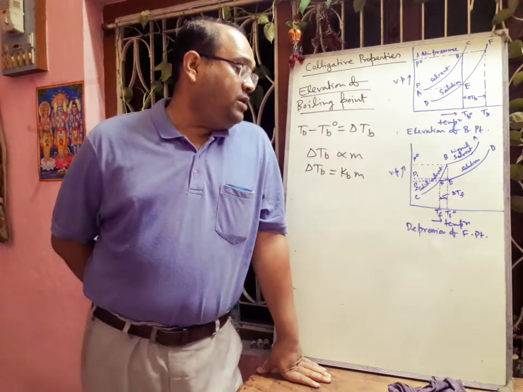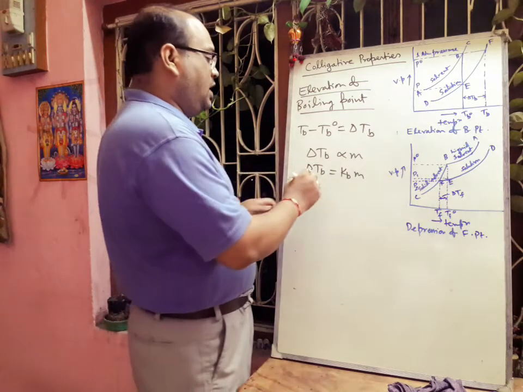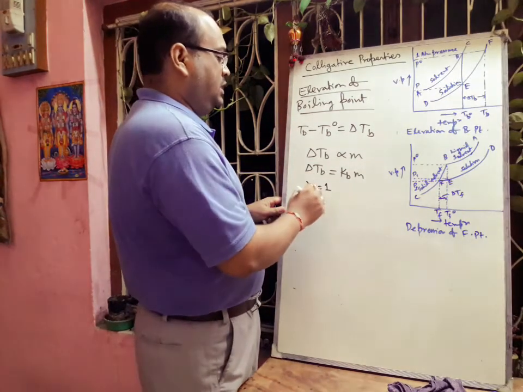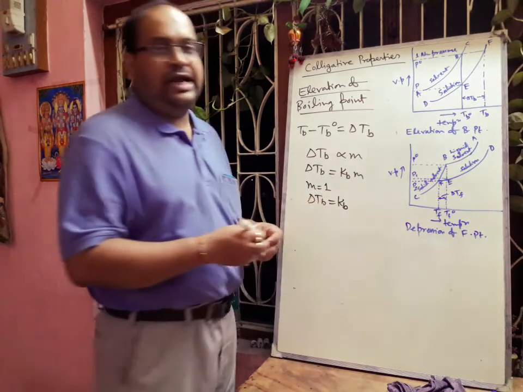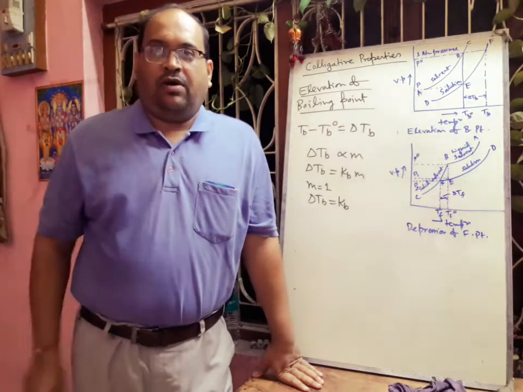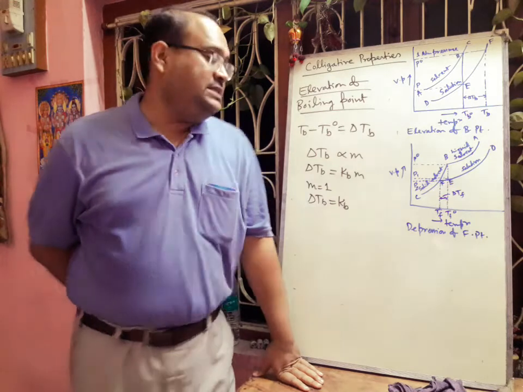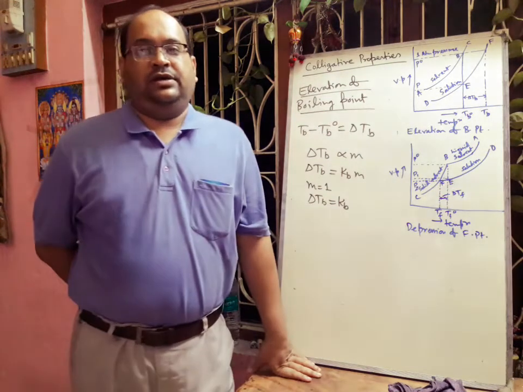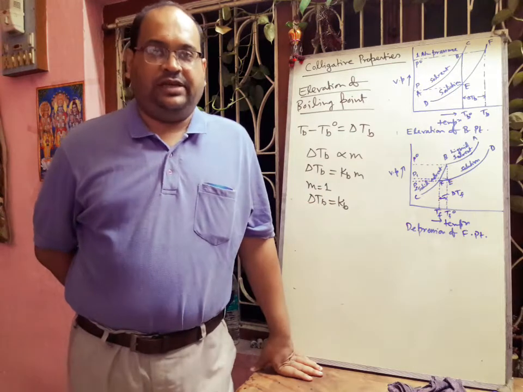This ebullioscopic constant can be defined as, if we take M equal to 1, then delta TB is equal to Kb. So we can define the ebullioscopic constant or molar elevation constant as the elevation of boiling point when the molality of the solution is 1 or unity.